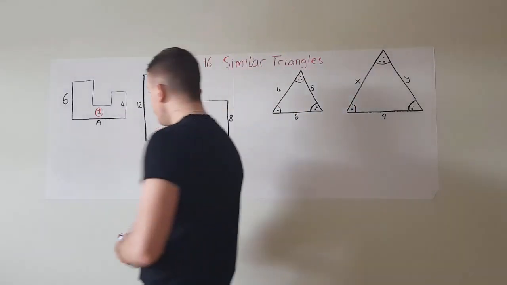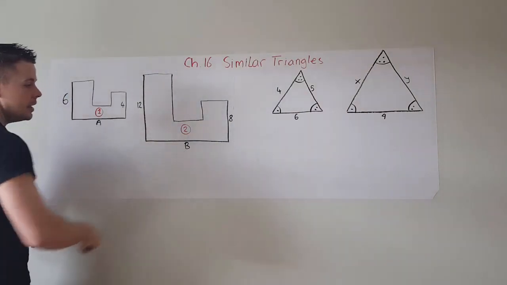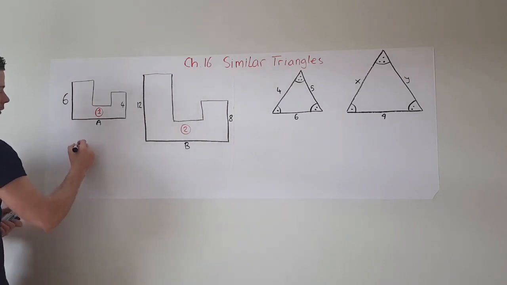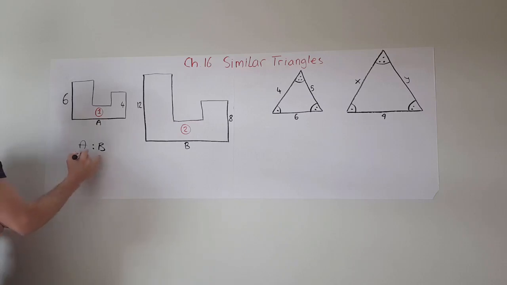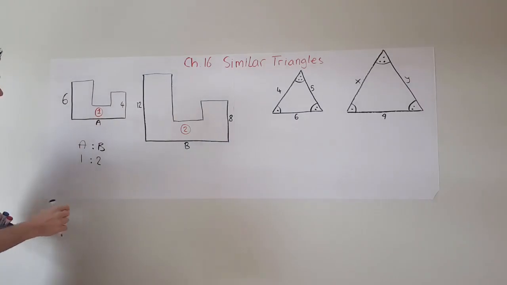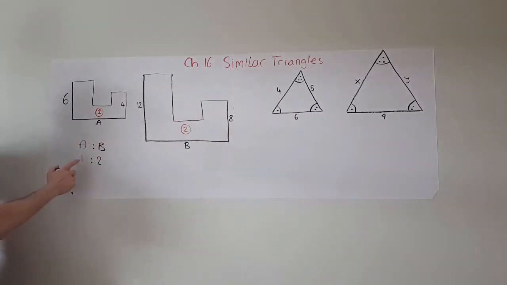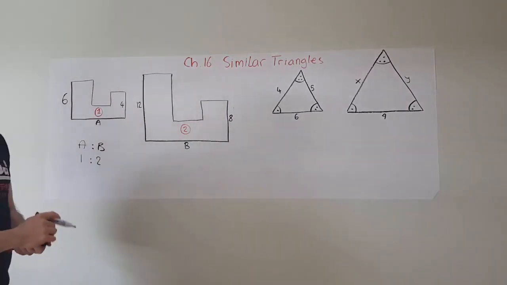So if we look at the length A and the length B, we'll create a ratio there, A to B. B is going to be twice the size of A. So we have a ratio of 1 is to 2. This is double this, so whatever A is, B is going to be twice it. And that's the premise that we'll be working on in terms of our similar shapes.